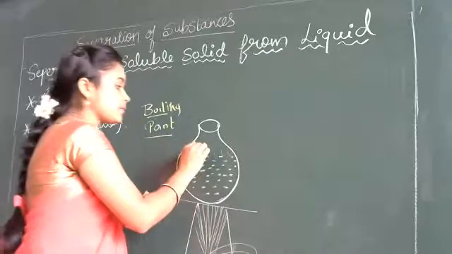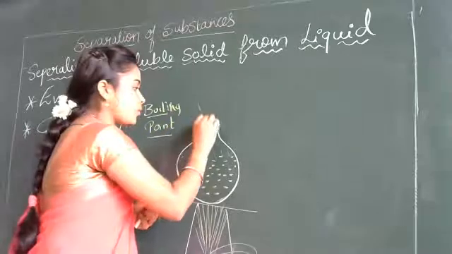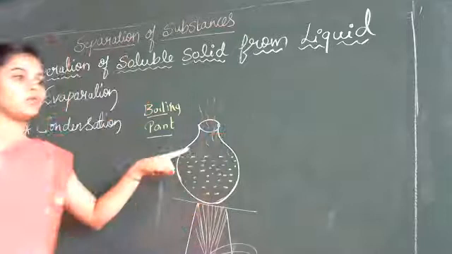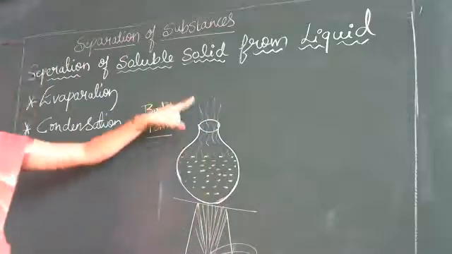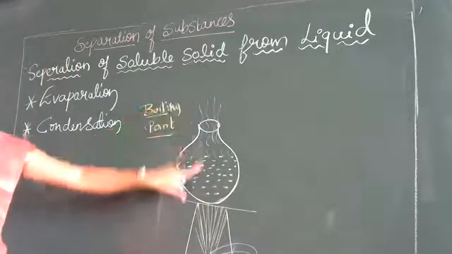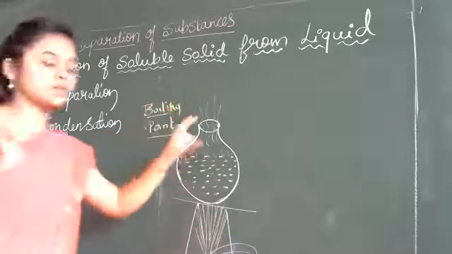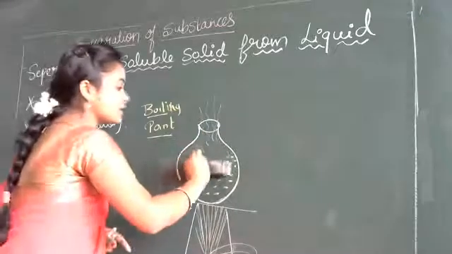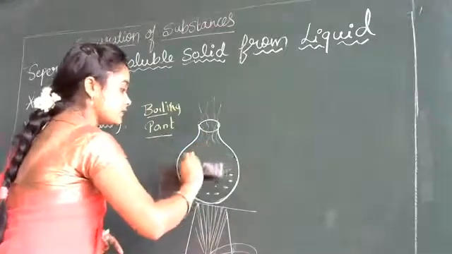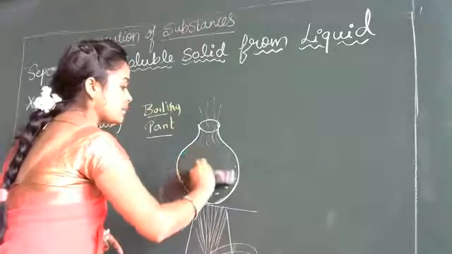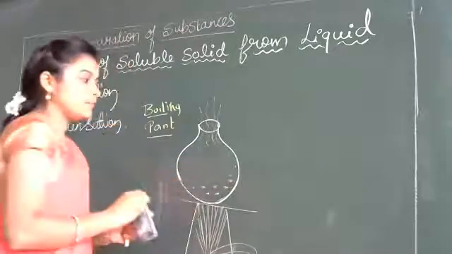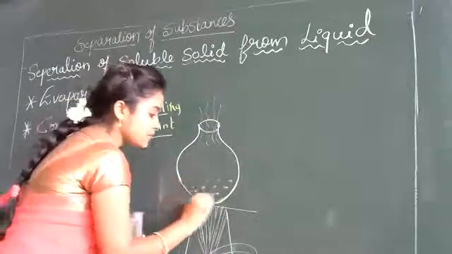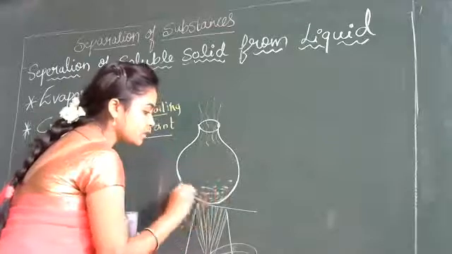Now what will happen after boiling? When it starts boiling, the water vapors start rising upwards. As it goes on producing water vapors, the level of water will start decreasing, right? Yes, the water will disappear from this pot. But we can see something which is left behind in this pot.